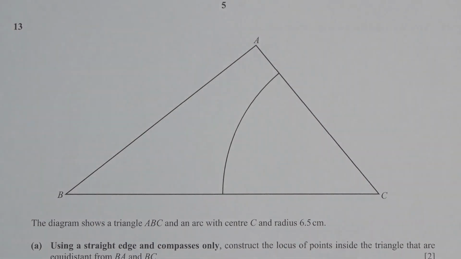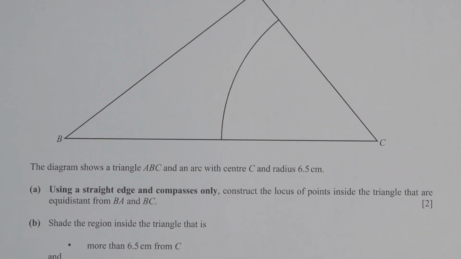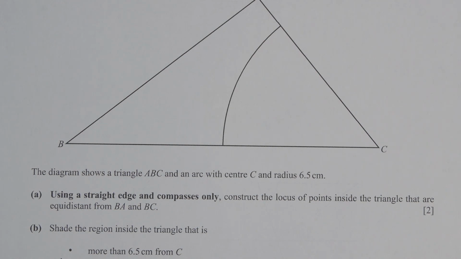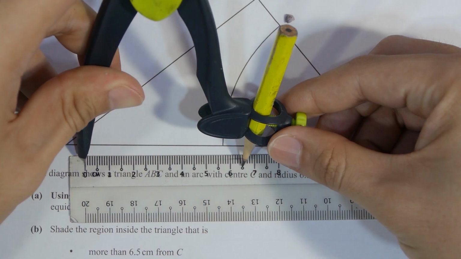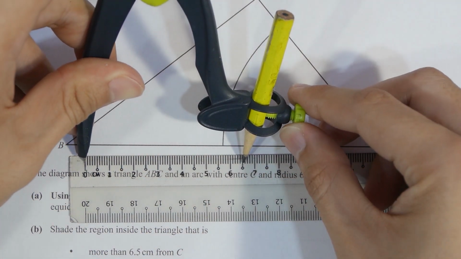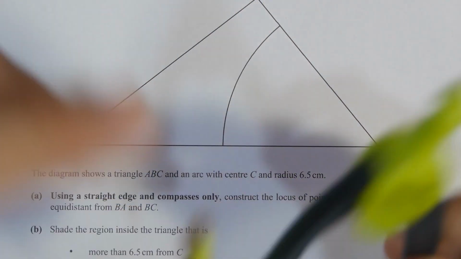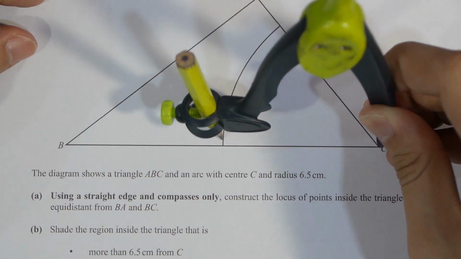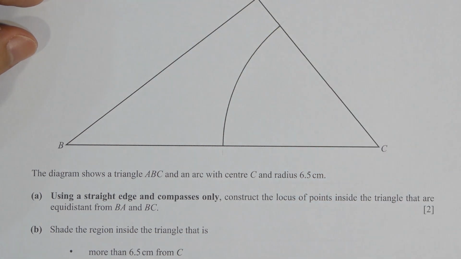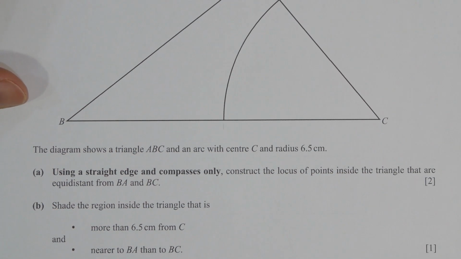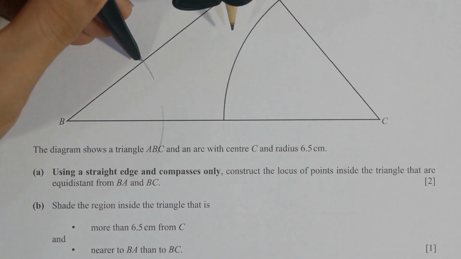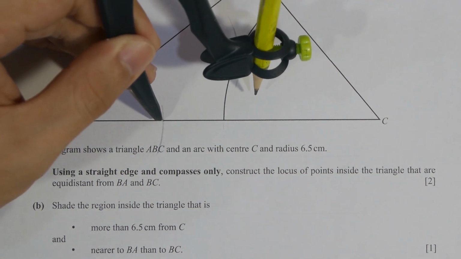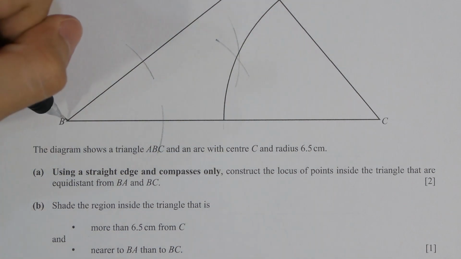So for 13 part A, construct a locus of points inside the triangle that are equidistant from AB and BC. So actually use the compass to construct a straight line over there that splits angle ABC in half.